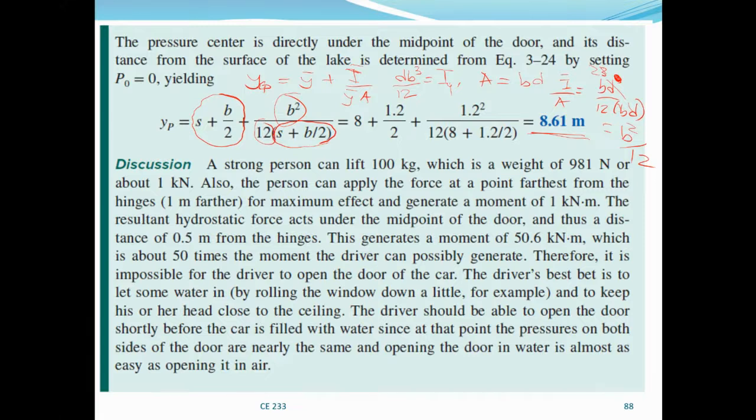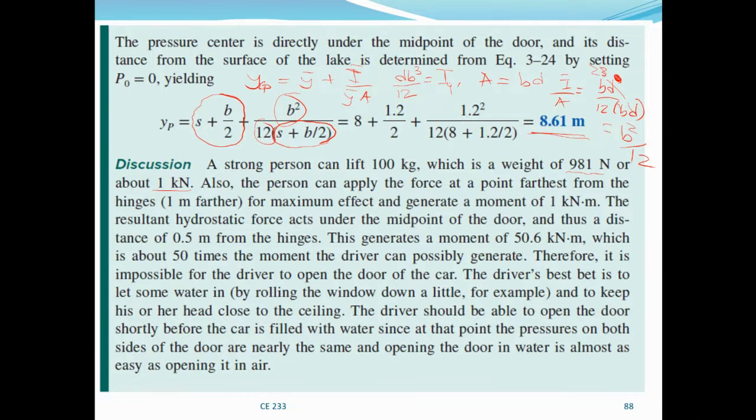Now, about answering whether the person can open the door or not. A strong person can lift about 100 kg. Okay, 100 kg weighs 981 Newton or about 1 kilonewton. So a strong man can lift up to, let's say, 1 kilonewton.